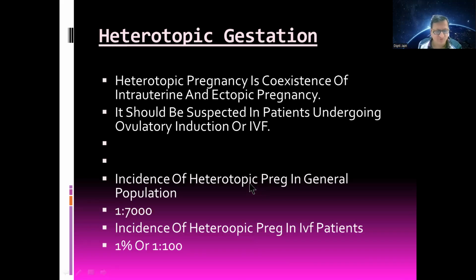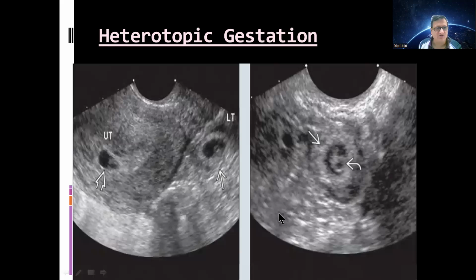The incidence in the general population is 1 in 7,000, and in IVF patients it is 1 in 100, or 1%. This is a case where the intrauterine sac as well as an ectopic location is present.